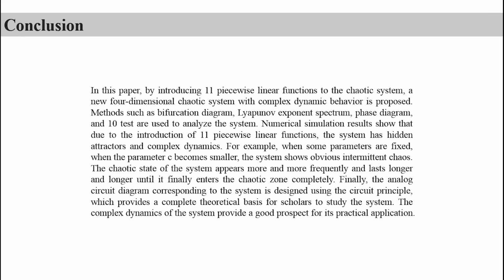For example, when some parameters are fixed and the parameter C becomes smaller, the system shows obvious intermittency. The chaotic state of the system appears more and more frequently and lasts longer and longer until it finally enters the chaotic zone completely.